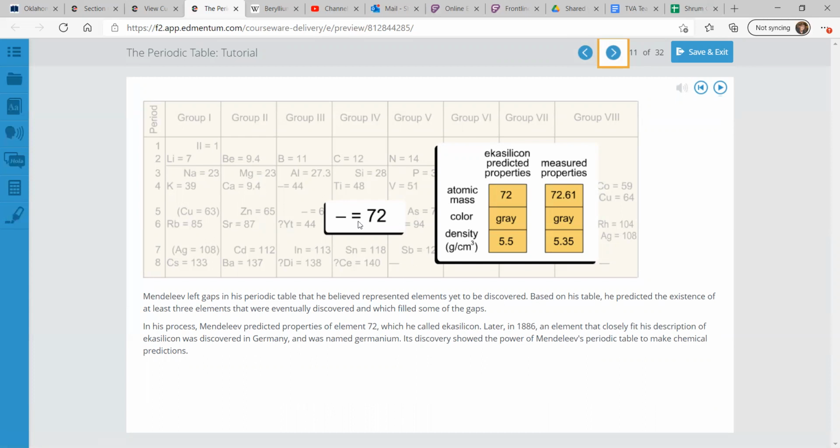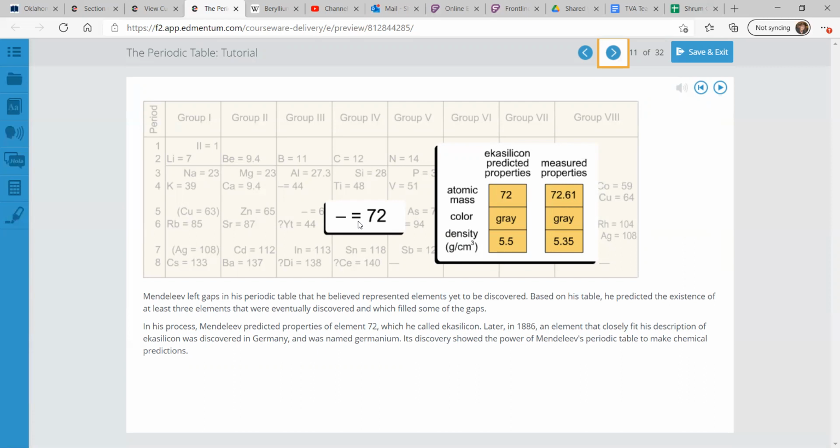So here's how he predicted things. He left gaps in his periodic table that he believed represented elements yet to be discovered. Based on his table, he predicted the existence of at least 3 elements that were eventually discovered and which filled some of the gaps.